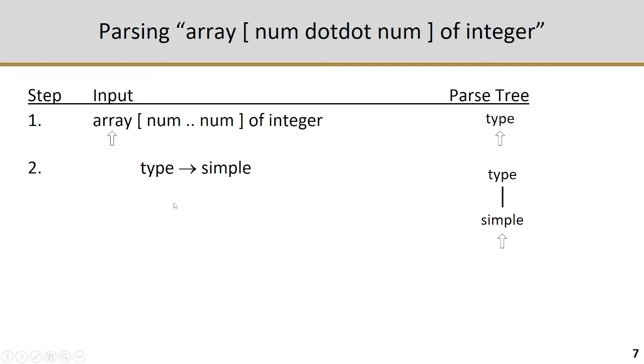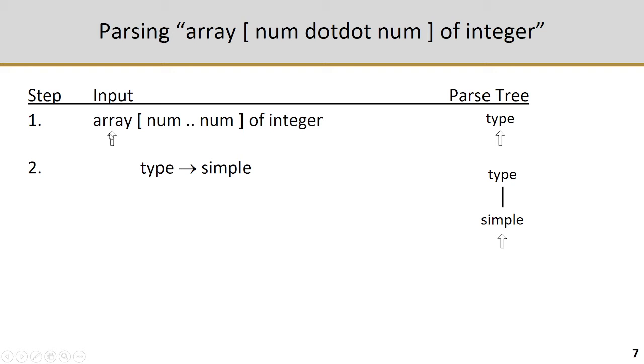And we are going to generate the sequence of derivation rules and the parse tree for the token sequence: array, bracket, num, dotted, num, bracket, of, integer.